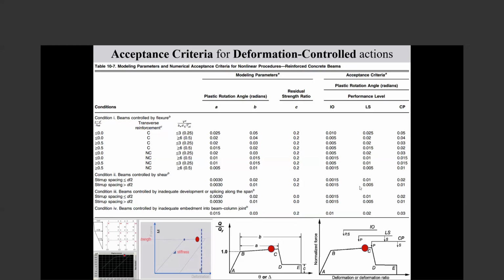And many of the damages in the Chile earthquakes and Turkey earthquakes, places that have concrete shear walls, long shear walls, tall shear walls, were due to this phenomenon.